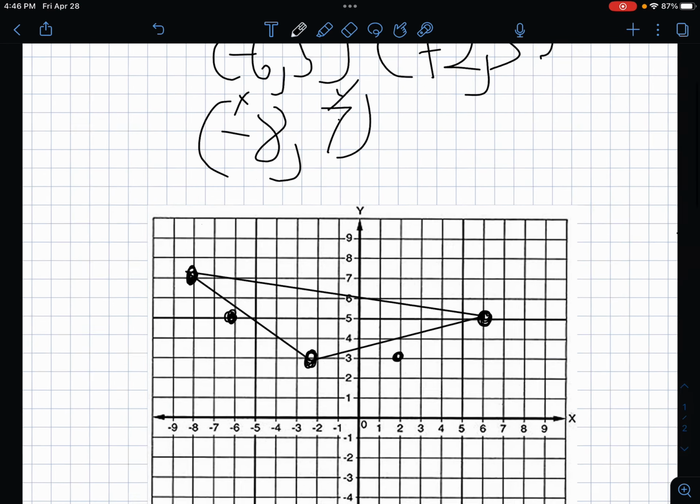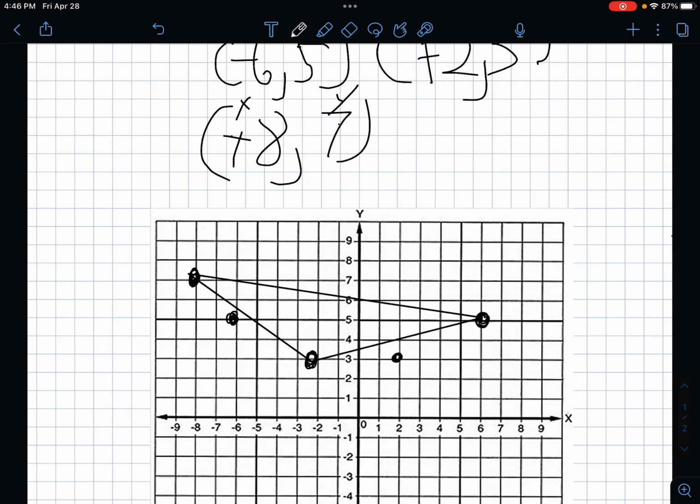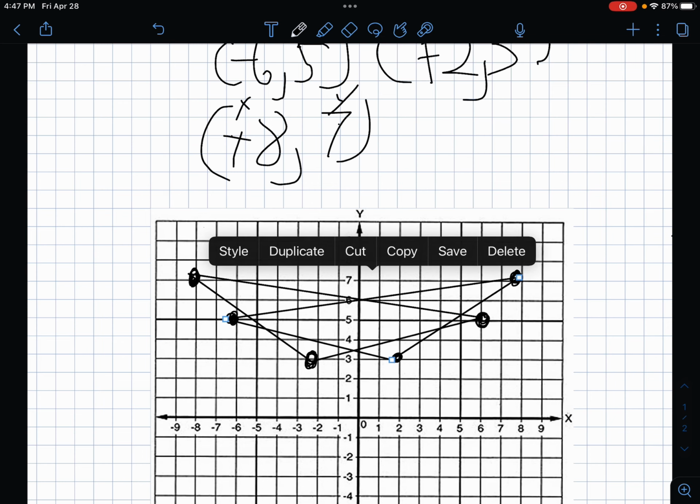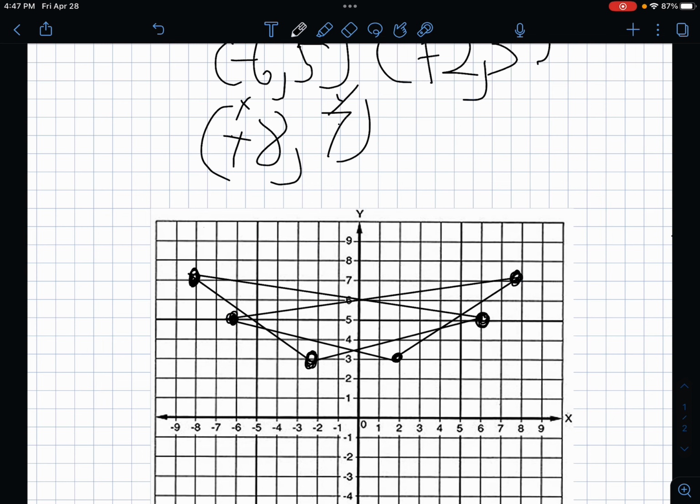And lastly, instead of having negative 8, 7, we have 8, 7. I'm going to remove the pre-image to make this a bit clearer. So this would be our new image.